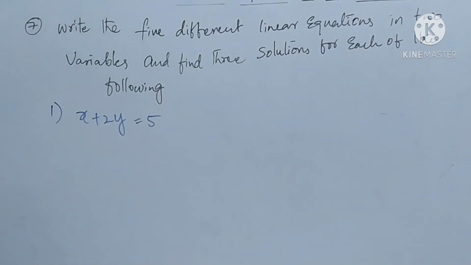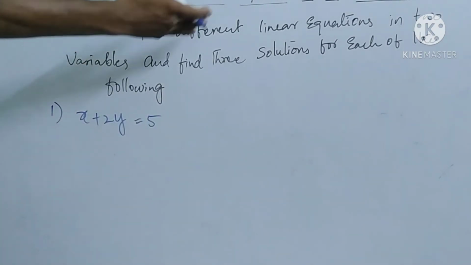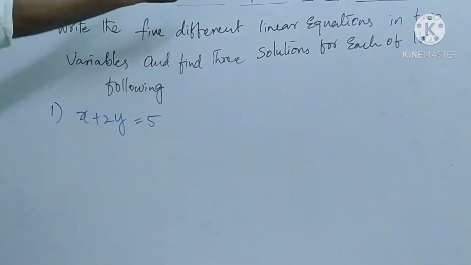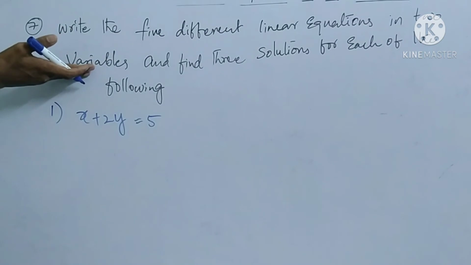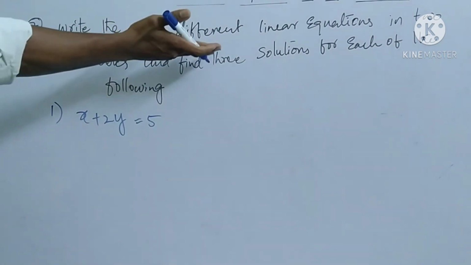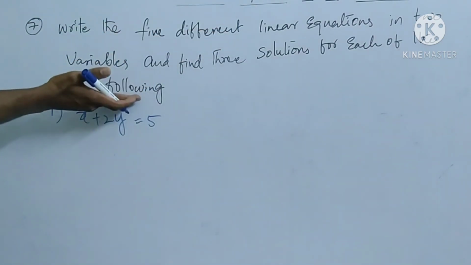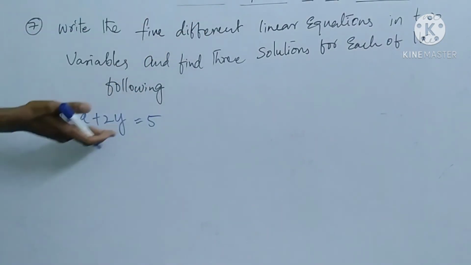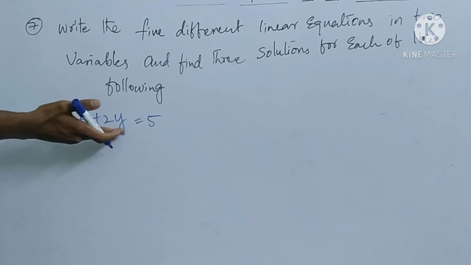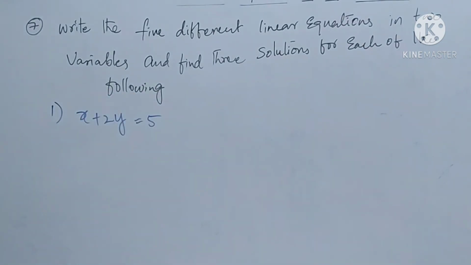This is our 7th Roman. Write 5 different linear equations in 2 variables, and find 3 solutions for each of the following. Here I have to take one of the linear equations in 2 variables: x plus 2y is equal to 5.